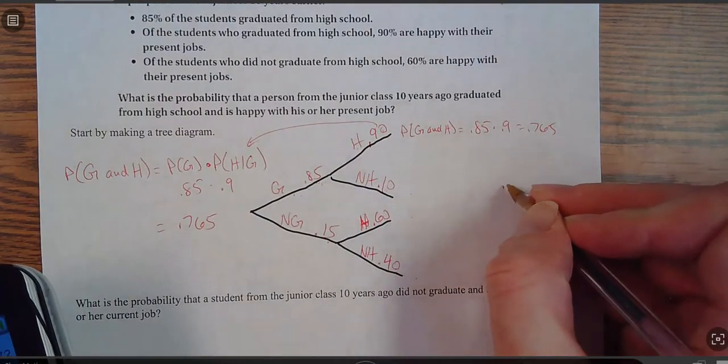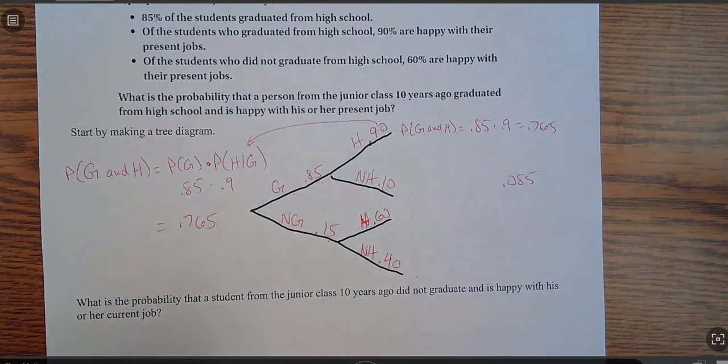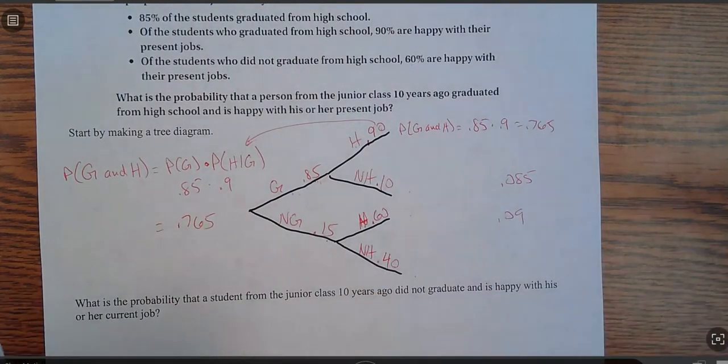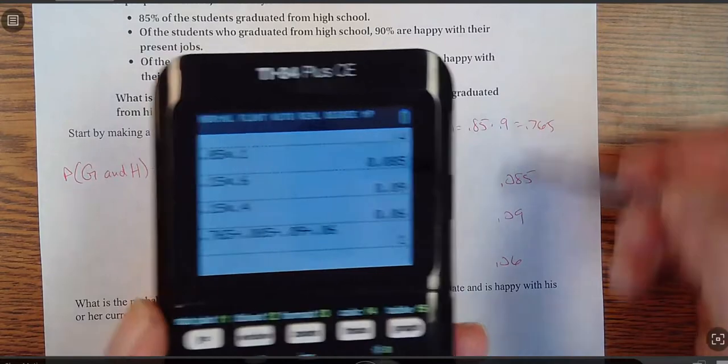This branch right here is 0.085. 0.15 times 0.6. This branch is 0.09. 0.15 times 0.4. This is 0.06. Now if you add all those up, 0.765 plus 0.085 plus 0.09 plus 0.06, you get 1. That covers everybody. So you're in one of these categories.